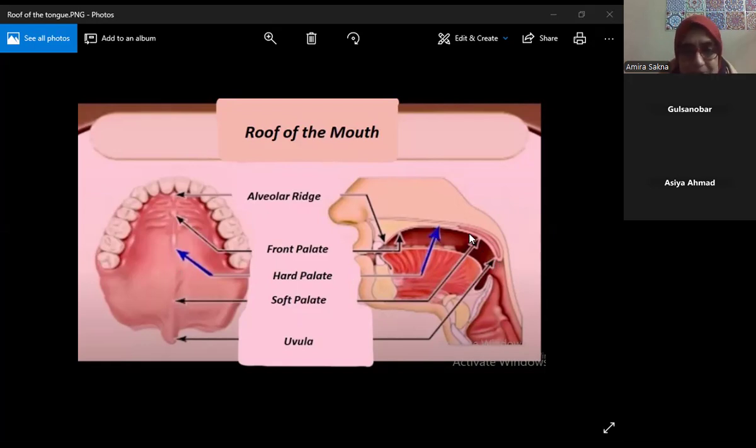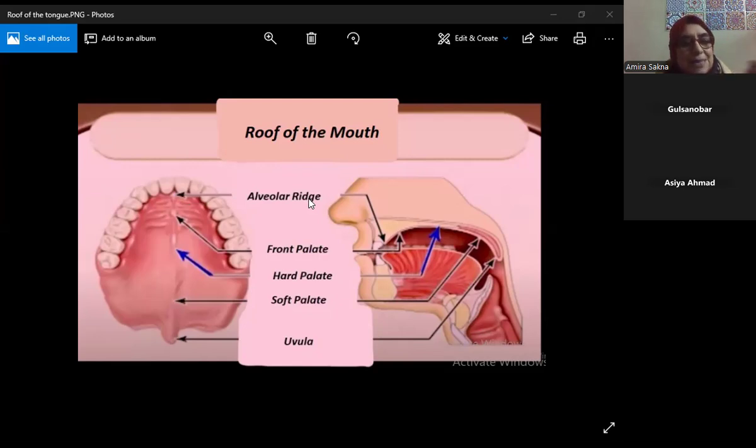It's bones, but this is soft. The hard palate. Then this part is called the front palate. And then this area, which is just after the teeth, and some of it is between the teeth, is called the alveolar ridge. Alveolar ridge.